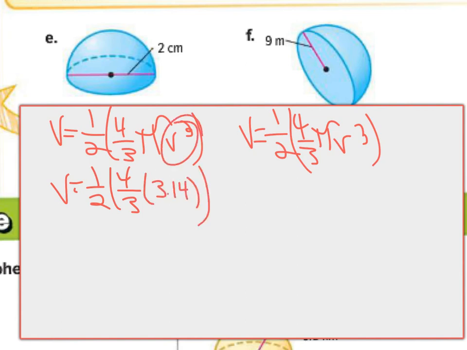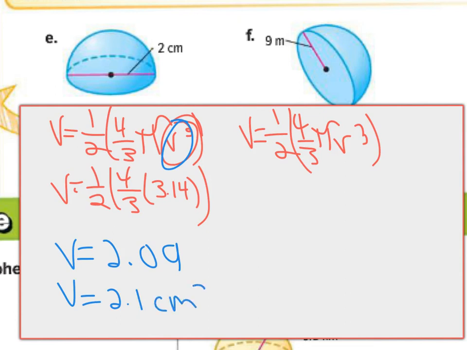Like I mentioned earlier, if we replace that with a 1 times 1 times 1 is simply 1, and 1 times pi is pi, the multiplication property of identity. So here we have volume equals 2.09, which would round to the nearest tenth as 2.1 centimeters cubed.